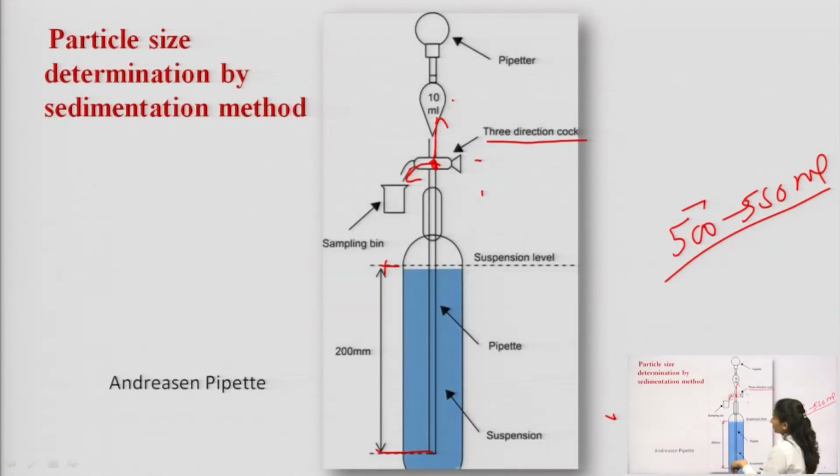See, in this Anderson pipette, suppose that initially the level is up to this mark. When we withdraw a 10 ml sample in this sampling bin, the level will be like this. Again withdraw 10 ml, then the dispersion level will reach just up to this. Then again withdraw 10 ml.